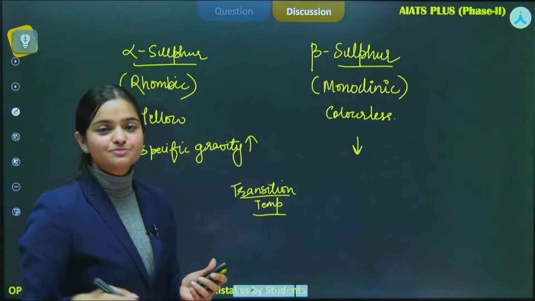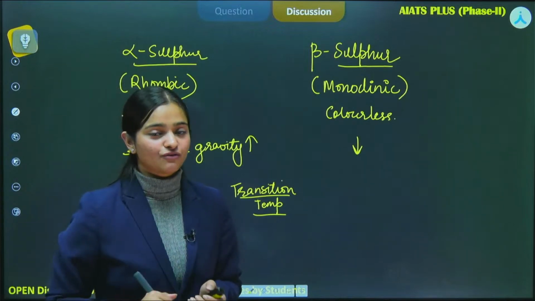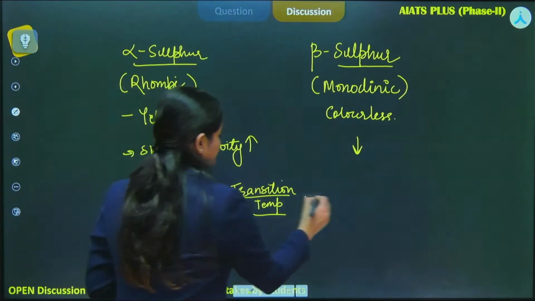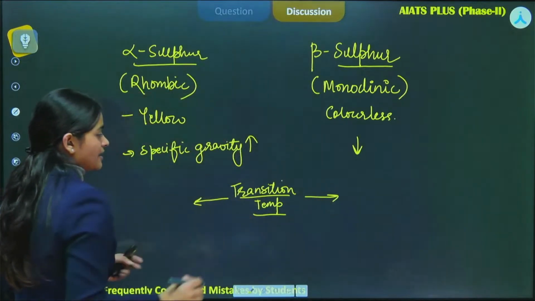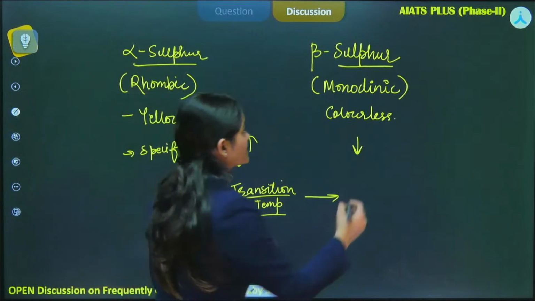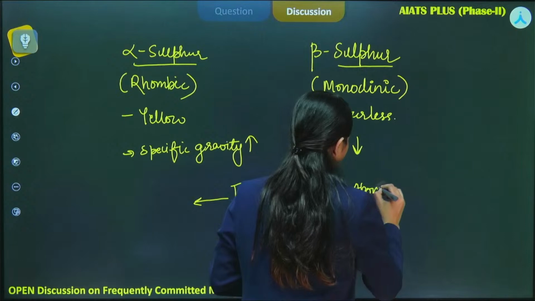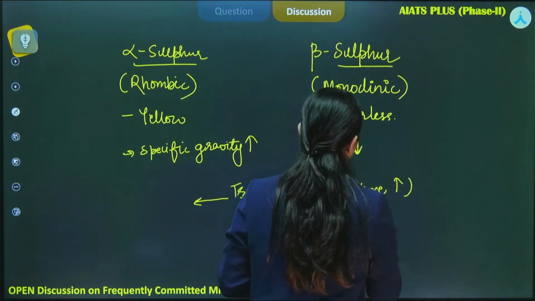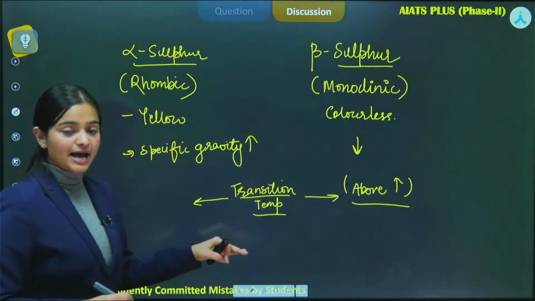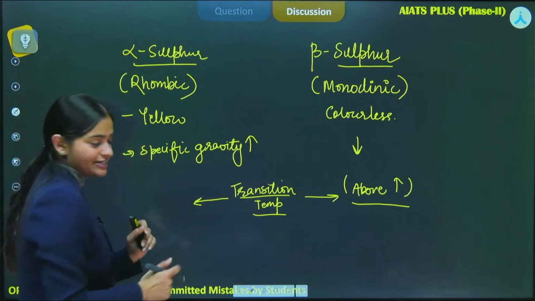Students, mention what is the transition temperature in terms of allotropes of sulfur, and we will come to it. Above the transition temperature, beta sulfur is stable. And below the transition temperature, alpha sulfur is stable.